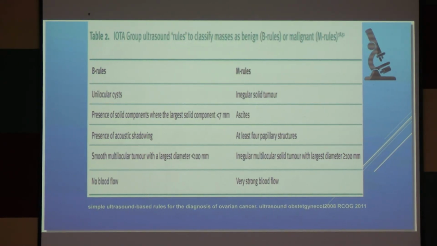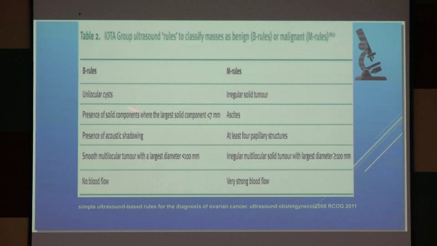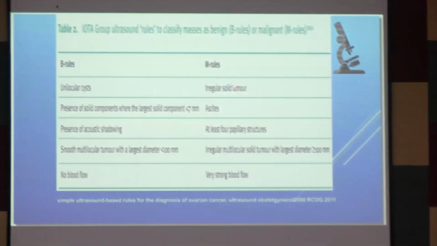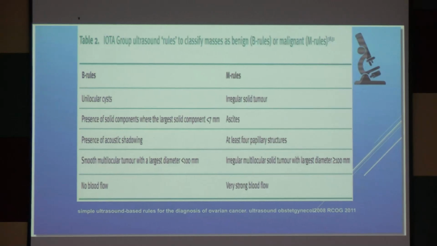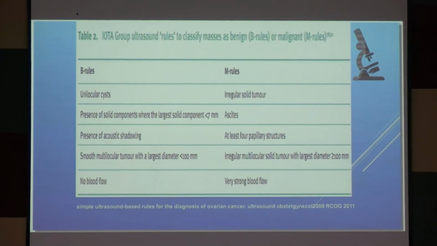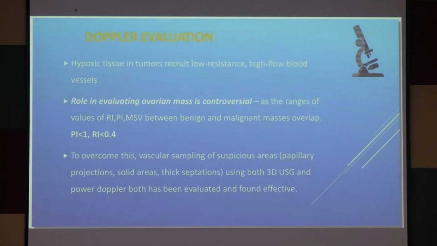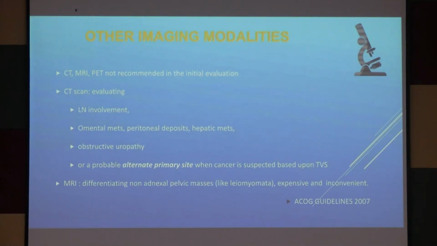On ultrasound, any unilocular cyst with solid components less than 7 millimeter and acoustic shadowing are the features of a benign ovarian mass, whereas anything with an irregular solid tumor, ascites, and internal blood flow will be a malignant mass. Not important for you.